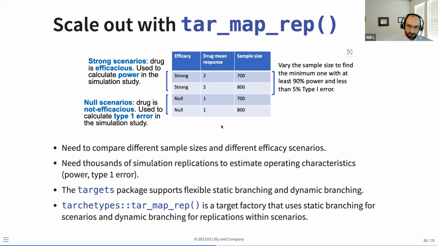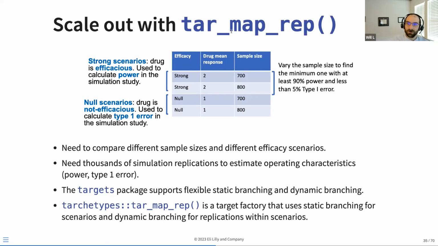And this would ordinarily be a pipeline where we would do manual static branching over scenarios and dynamic branching within replications and a batching structure to optimize some computational trade-offs between overhead and speed, etc. But we have this really nice target factory from the Tarchetypes package in order to do this.